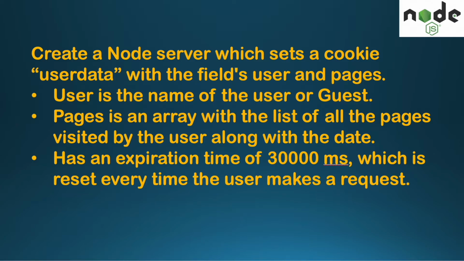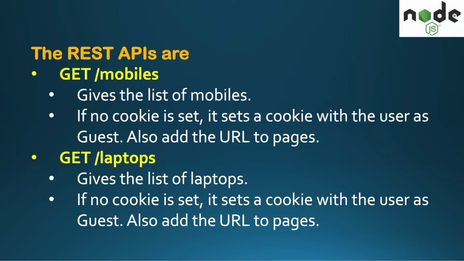The cookie has an expiration time of 30,000 milliseconds, which is reset every time the user makes a request. So we reset the time to 30,000 milliseconds every time we change the cookie. The REST APIs are GET /mobiles, which gives the list of mobiles.